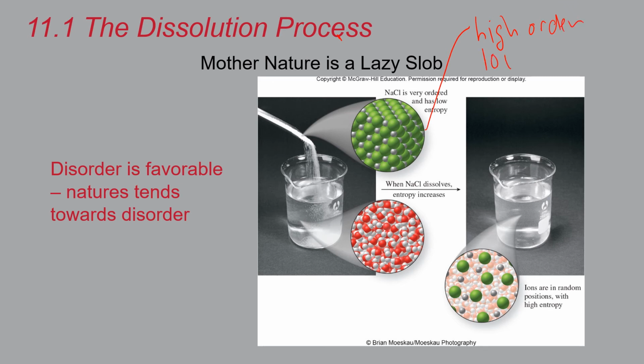And scientists tend to talk about things in terms of disorder. So the solid especially would be low disorder, and here this would be high disorder when you have all that stuff randomly distributed in the solution. And we'd also call this a high entropy state.